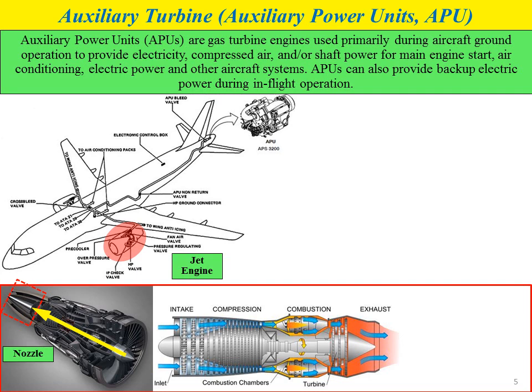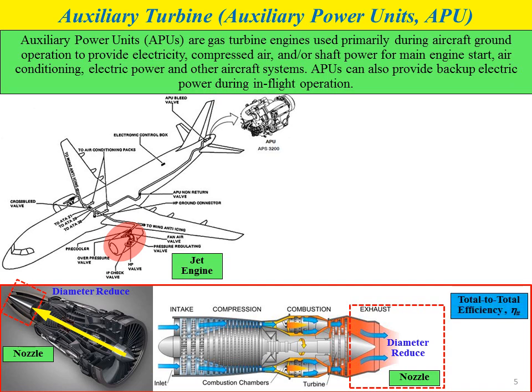If we look at the cross section of the nozzle, the diameter of the nozzle reduces throughout the process. This kind of feature produces thrust force for the jet engine.